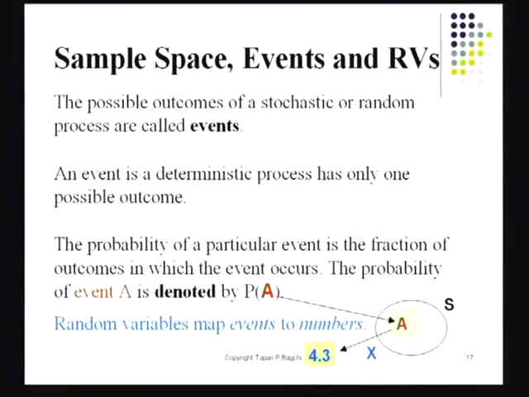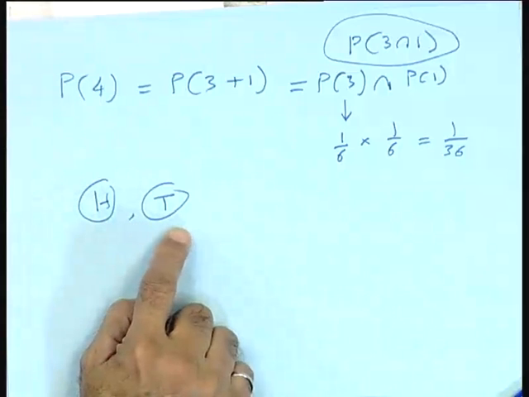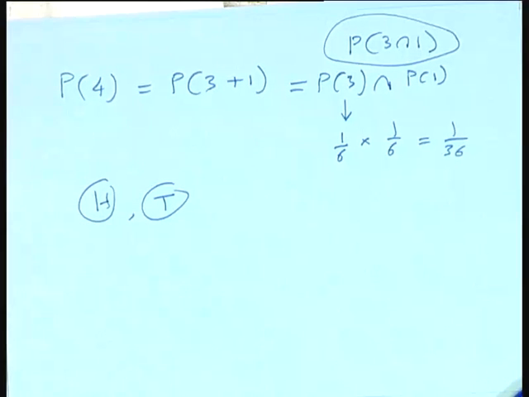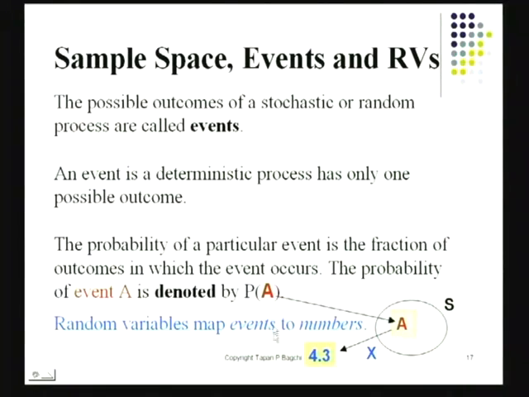If I have an event which is random, I can talk about the probability of that event. For example, in coin toss, the probability of finding a head or the probability of finding a tail, in this case, is going to be 0.5. In the diagram I marked the sample space as S. The sample space consists of all the outcomes.